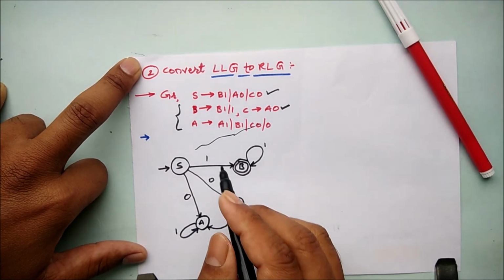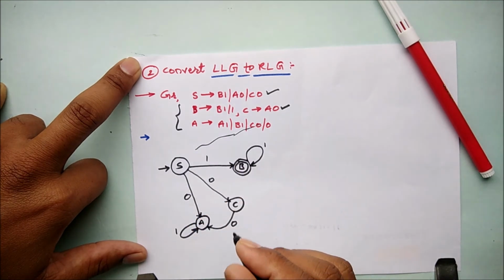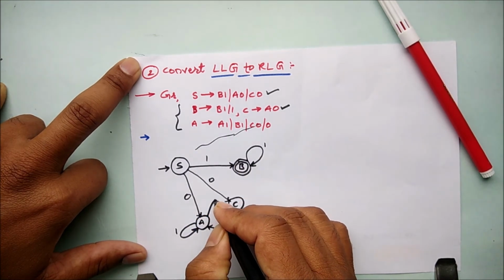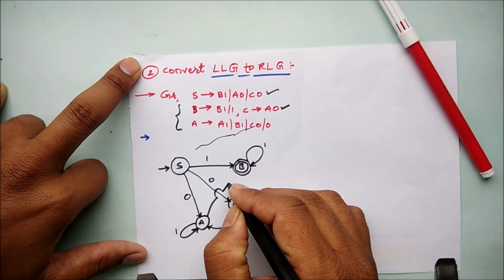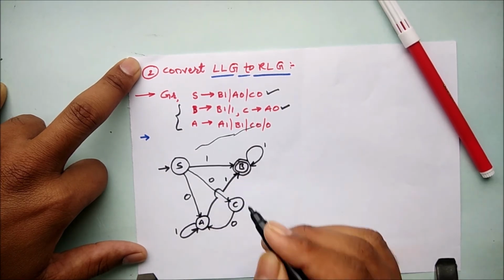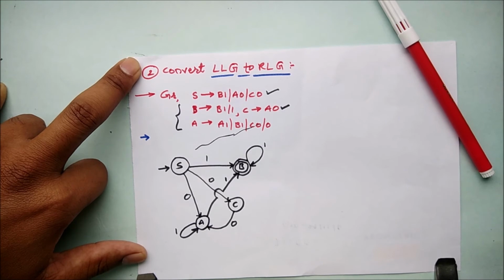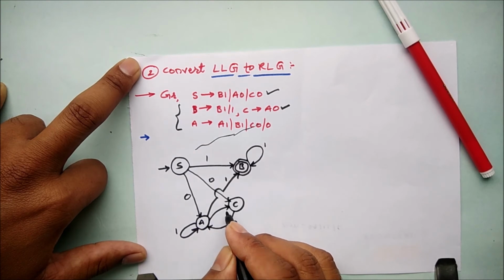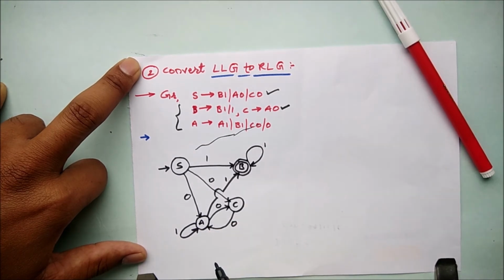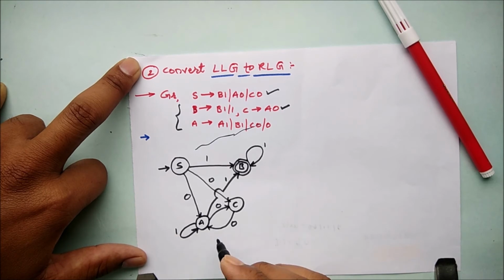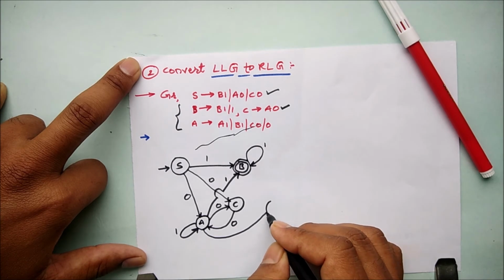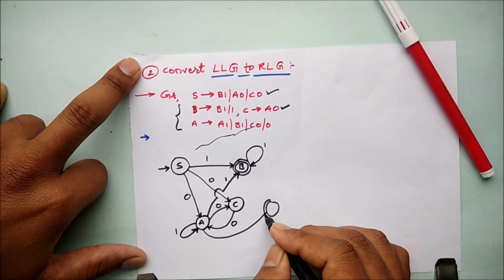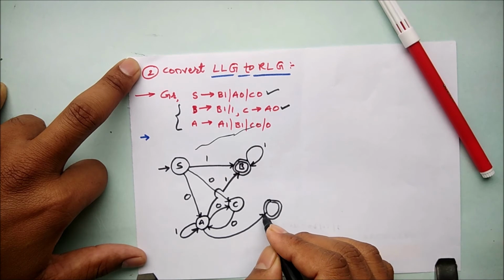So A is also transiting to B with input 1, and A is transiting to C with 0, and also A is transiting with 0 to a state which will be my final state, my dear friends.